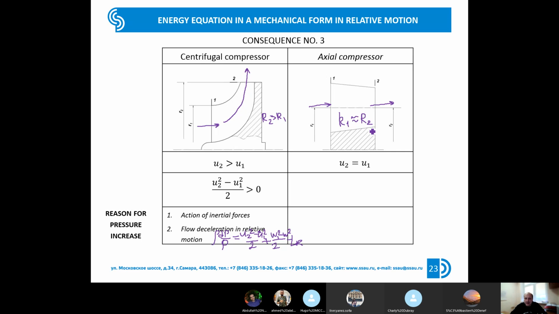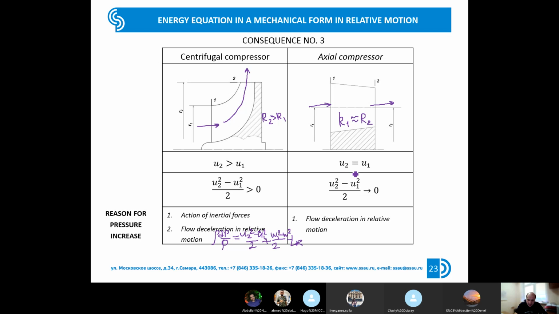And finally, it leads to the circumferential velocity at the inlet of the rotor and at the outlet of the rotor being approximately equal. And it means that the first term of the energy equation in mechanical form in relative motion for the compressor will lead to zero.